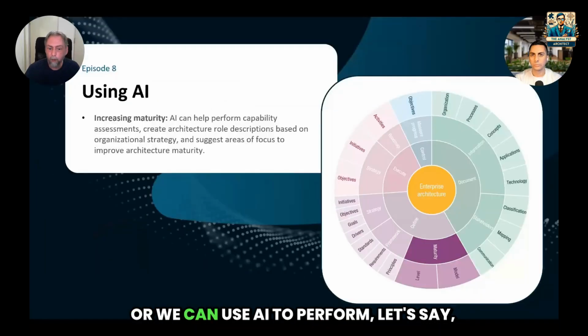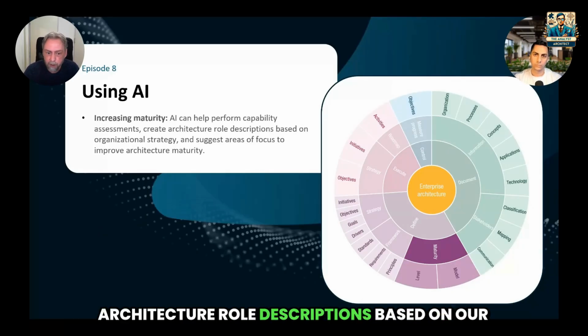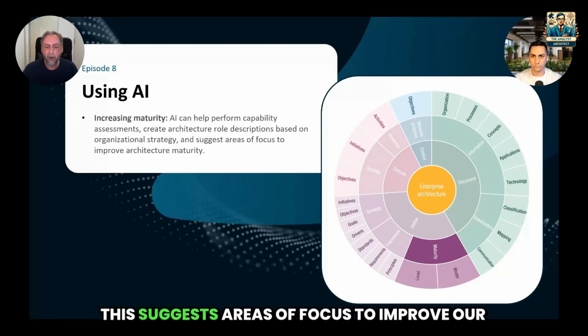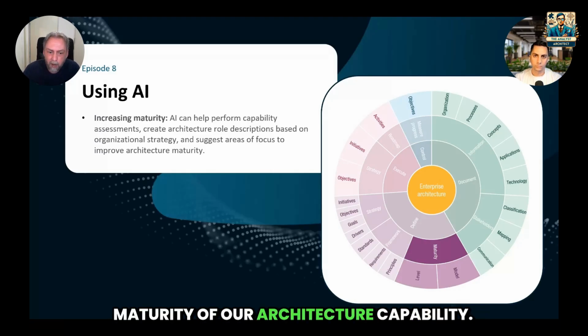Or we can use AI to perform, let's say, capability assessments or to create architecture role descriptions based on our organizational strategy. It suggests areas of focus to improve our architecture maturity, to improve the maturity of our architecture capability.